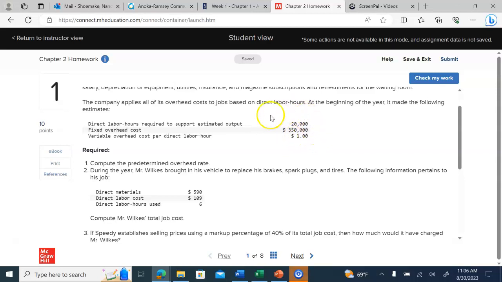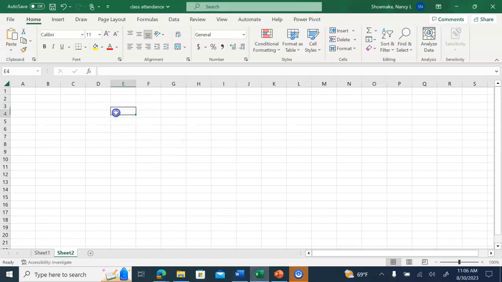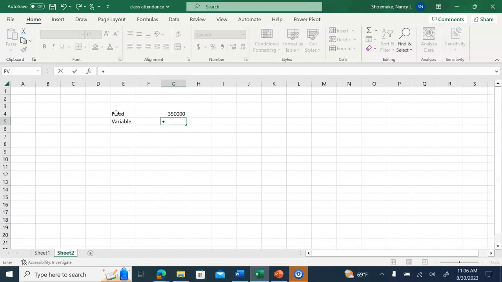So wouldn't the estimated overhead be $370,000? The 350 fixed, the variable is the 20,000 estimated direct labor hours times $1 variable.